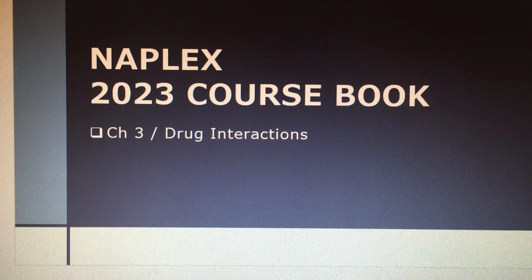Monitoring parameters: heart rate. A normal heart rate would be 60 to 100 beats per minute, but it could be lower based on their history and their physical state. Check for other drugs that would reduce their heart rate, so beta blockers, clonidine, diltiazem, verapamil.